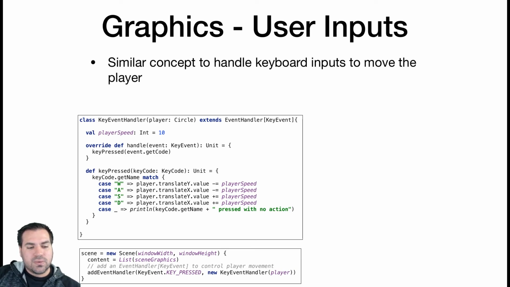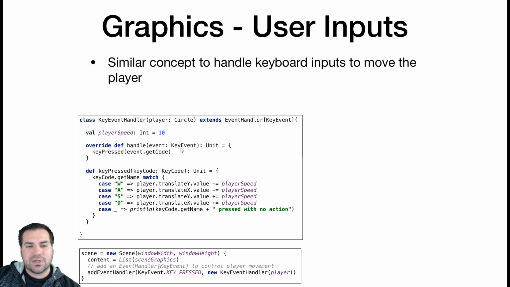So we're going to listen for key pressed events. Again, there's key down, key up, key pressed. So we're going to listen to those events. And whenever a key is pressed, we're going to send it to our key event handler, which is a class I write, which is going to extend EventHandler of KeyEvent.